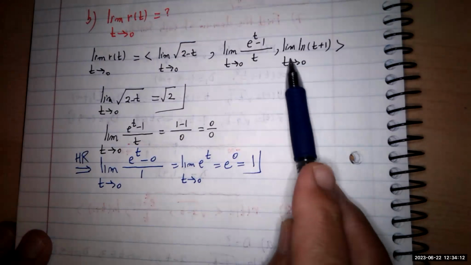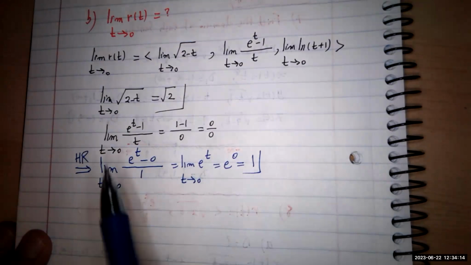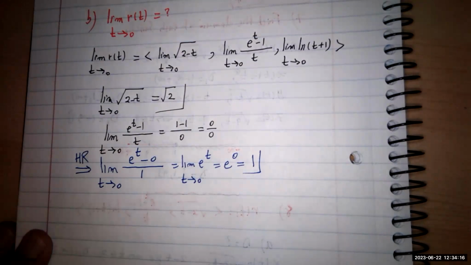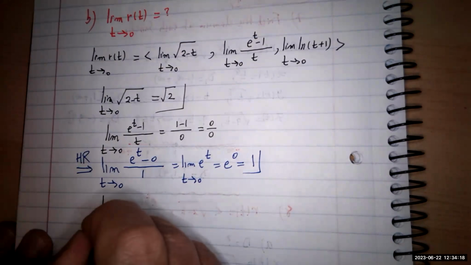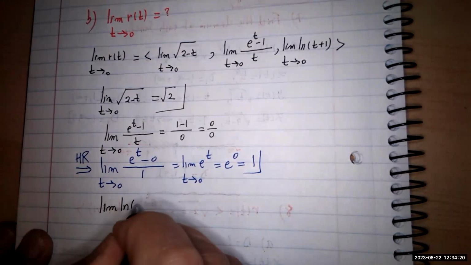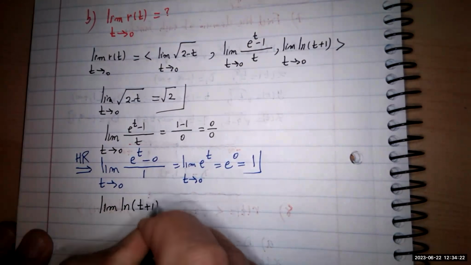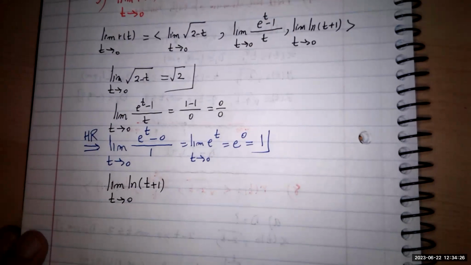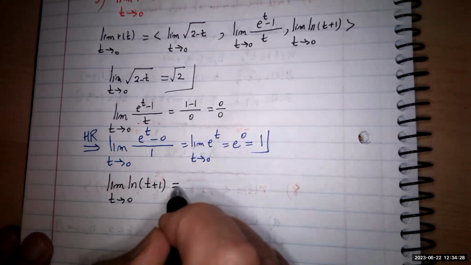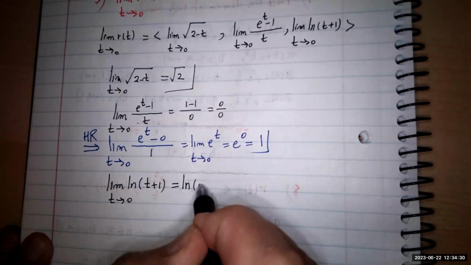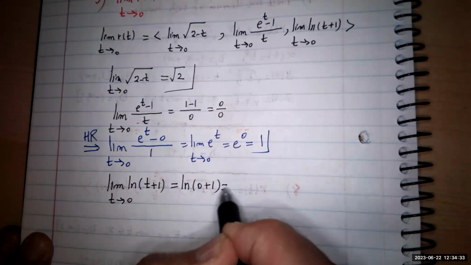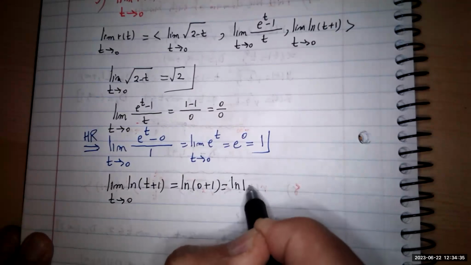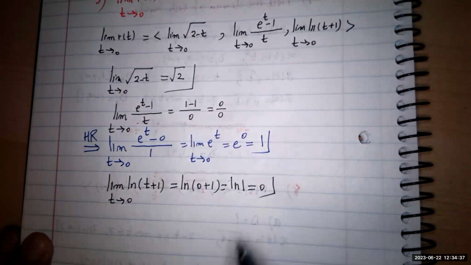We have one more to go. The third component. So it's a limit of ln of t plus 1, t goes to 0. Direct substitution, because the ln is a continuous function. So that gives you ln of 0 plus 1, which is ln of 1, which is equal to 0.